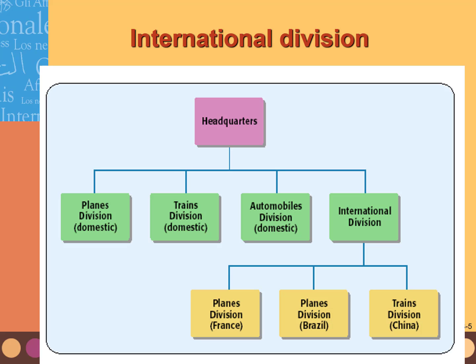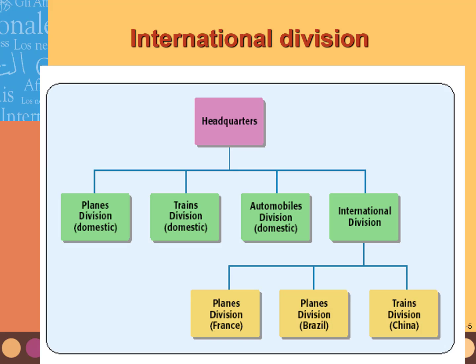So when you set up an international division, you have your headquarters. So if you were Boeing, your headquarters is in Seattle, Washington. And then underneath the headquarters, for this particular hypothetical example, you have your planes, your trains, and your automobiles, and those are all domestic, meaning they are in this country. And then you have a completely separate division for your international business.